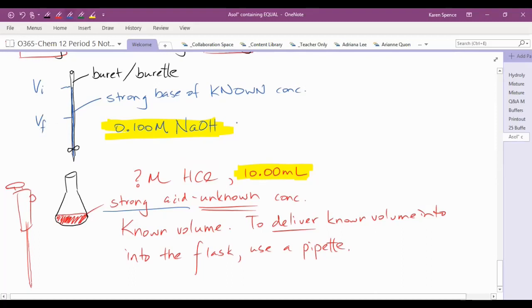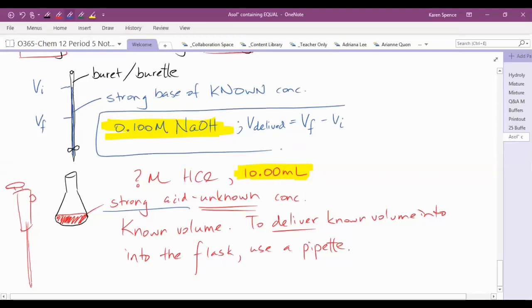So we would find our volume delivered, which would equal the final volume minus the initial volume. And from there, given the molarity of the NaOH and the volume of the NaOH delivered to the point where the color changes, what could we find?